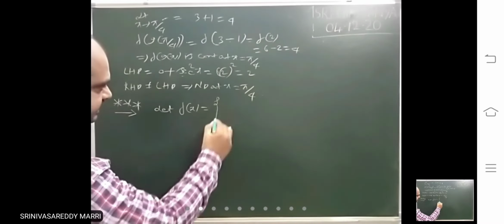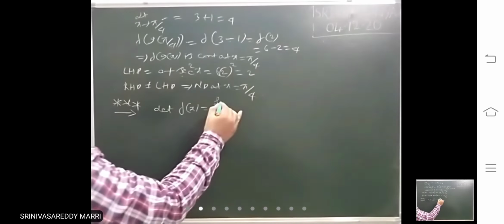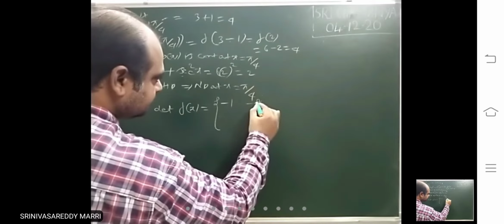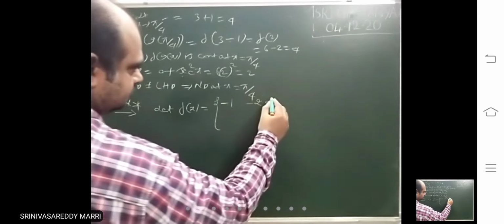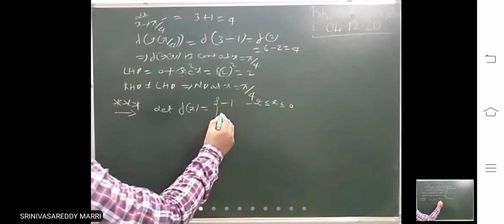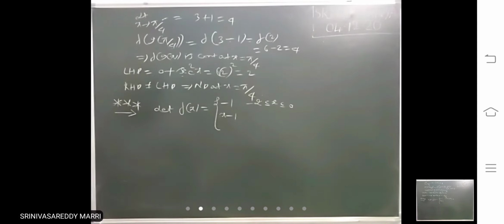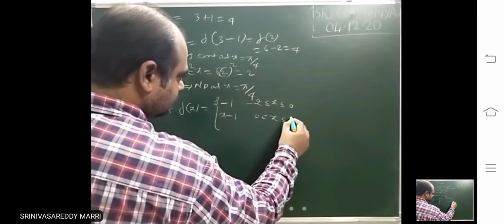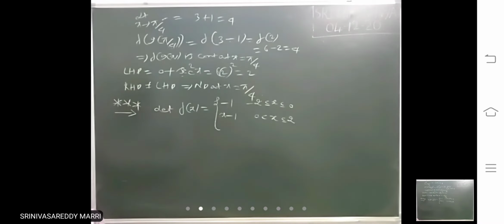Let f of x be defined like this: f of x equals -1 for x in -2 to 0, and x minus 1 for x in 0 to 2.